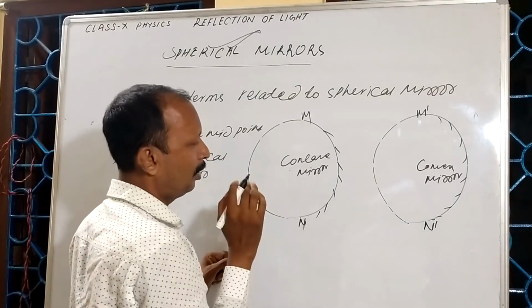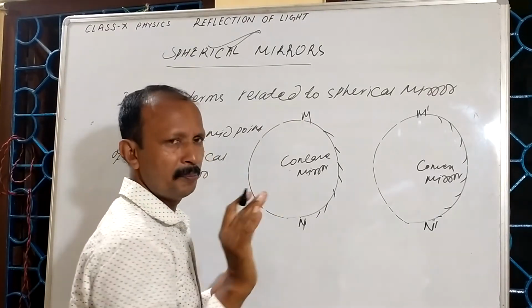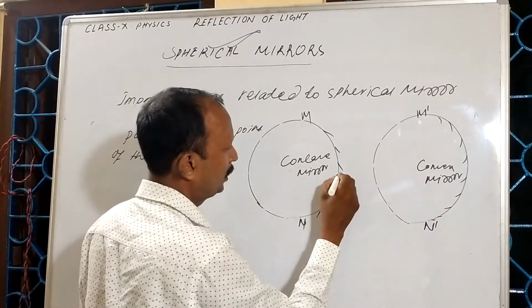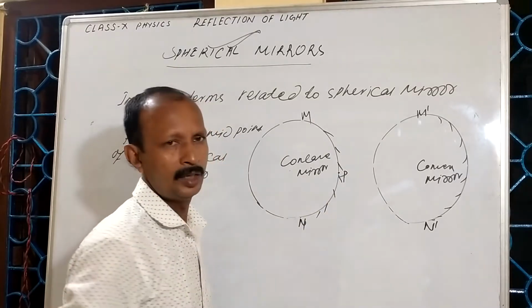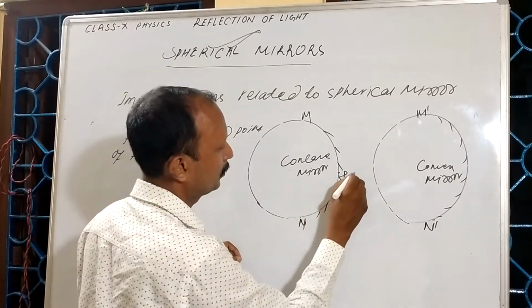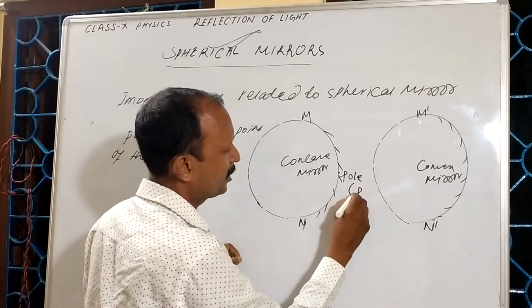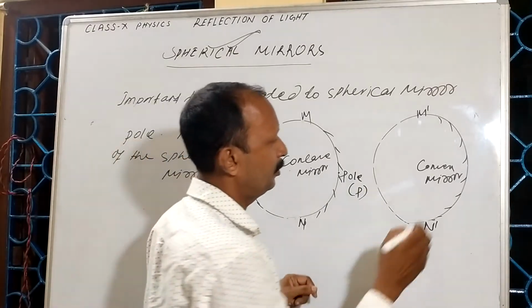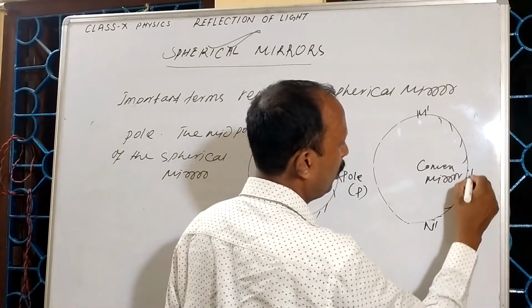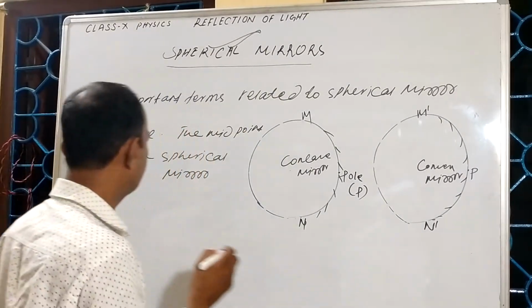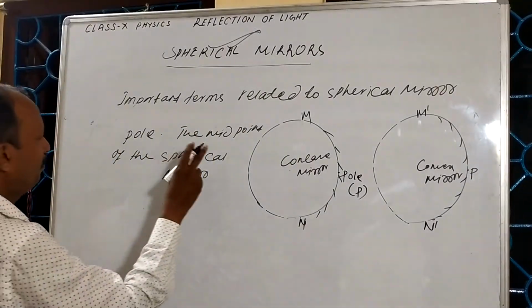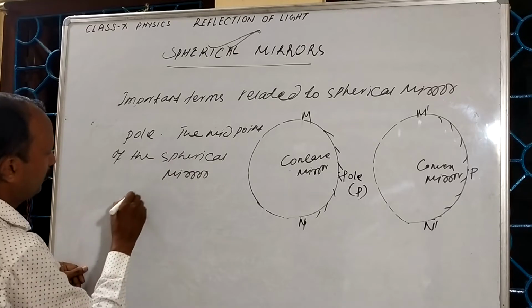M to N is the mirror size. Suppose this point is the pole of the mirror. This is the pole. It is represented by the letter P. It is a point on the surface of the mirror. Okay, the midpoint of the spherical mirror.